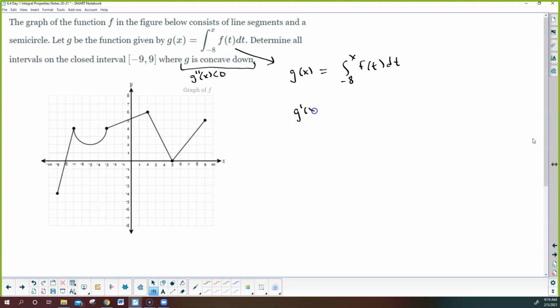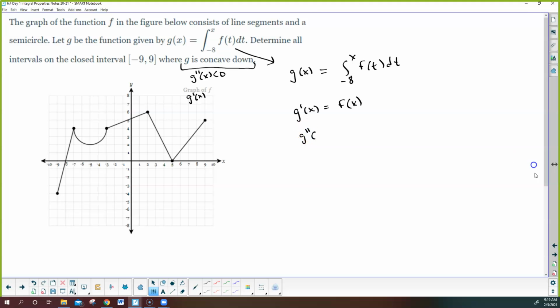So I'm just going to do this. I'm going to take the derivative of this side, and the derivative of this side reduces out, and it tells me that this graph of f of x is also the graph of g prime.